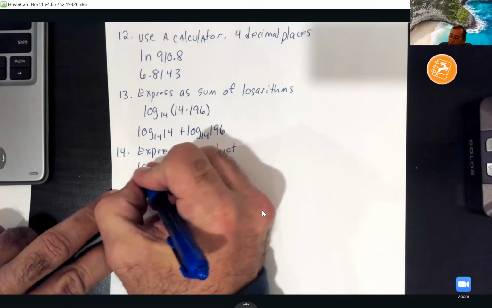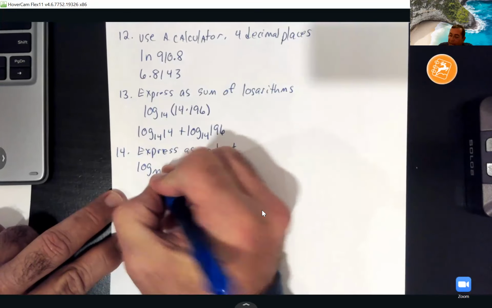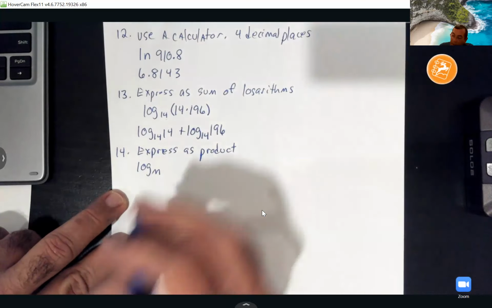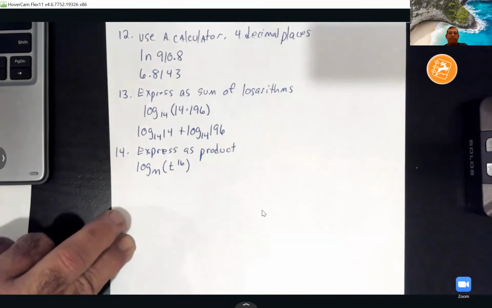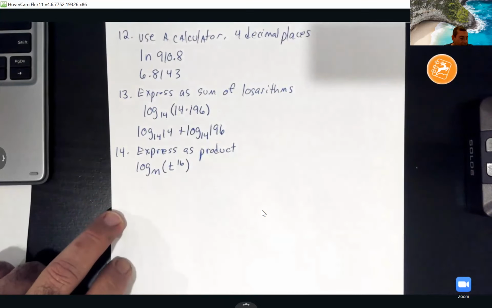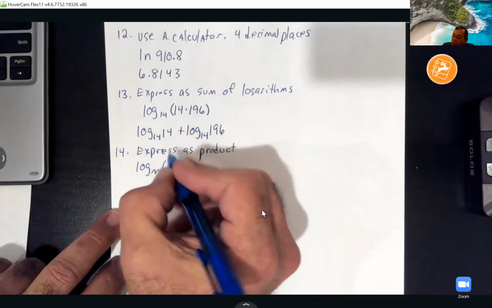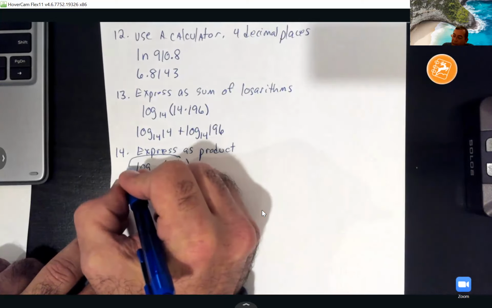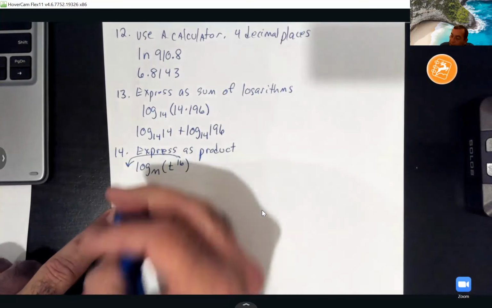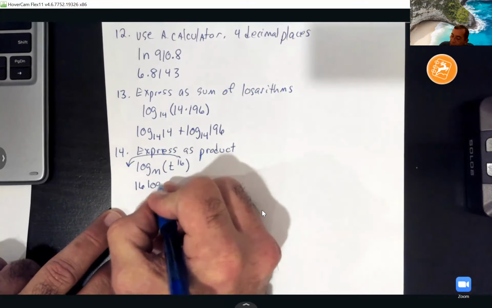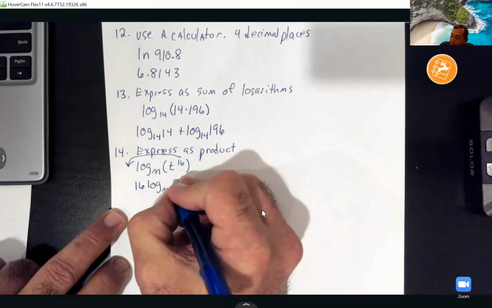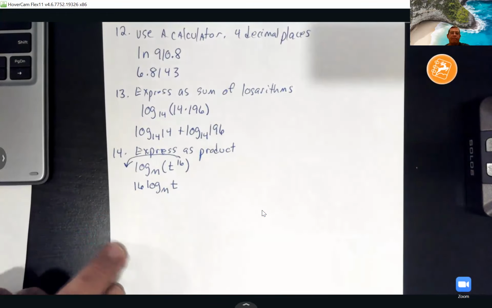So here you got a log base capital M of t to the 16th. So when it says write as a product, you're taking your exponent and bringing it down to the front so that this is 16 times log base M of t.